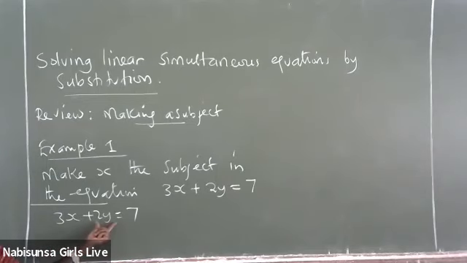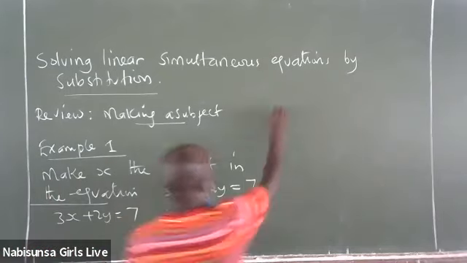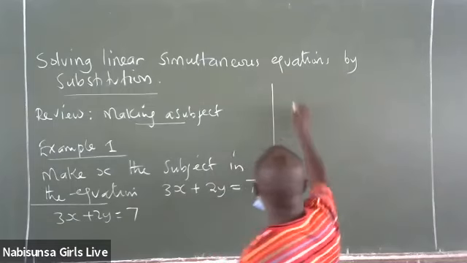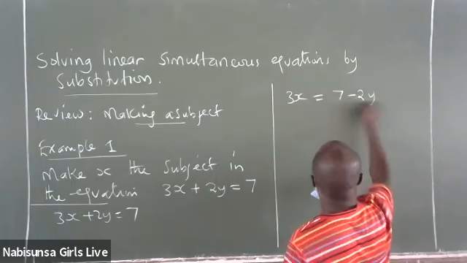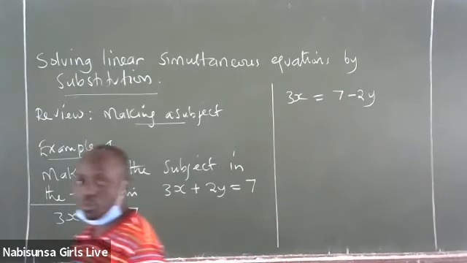So we are going to transfer 2y to the other side and we remain with 3x. Being a positive, it will be transferred by subtraction. So we have 3x is equal to 7 minus 2y. I hope you agree with me.